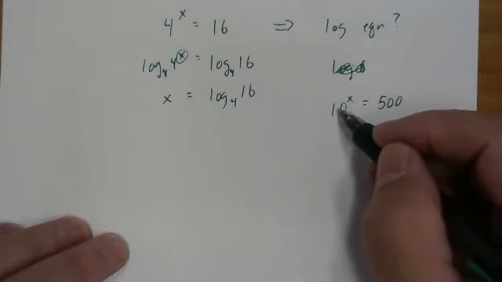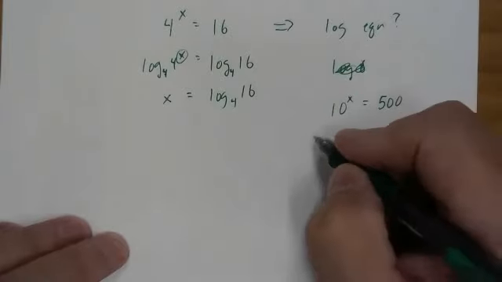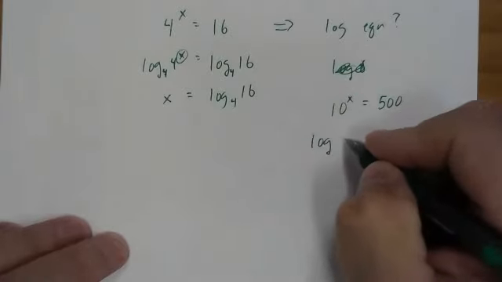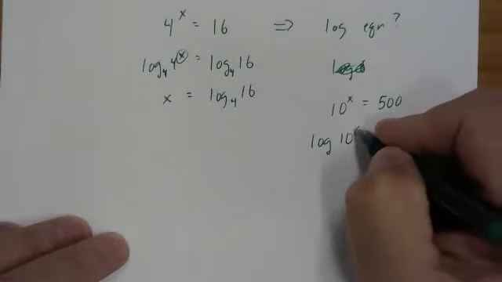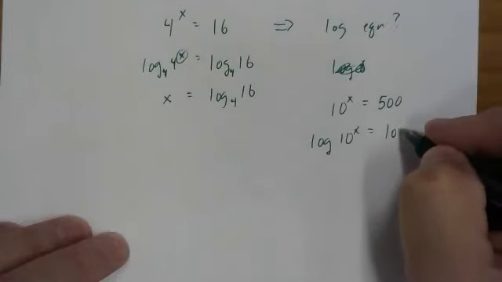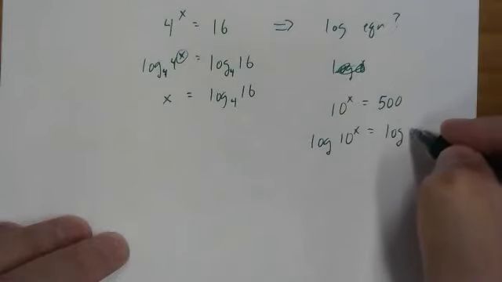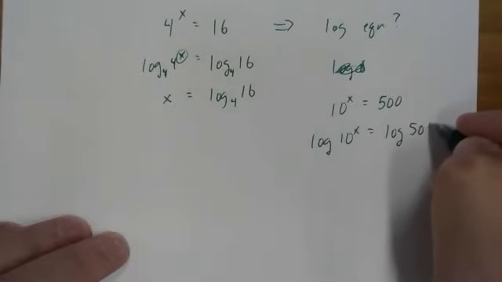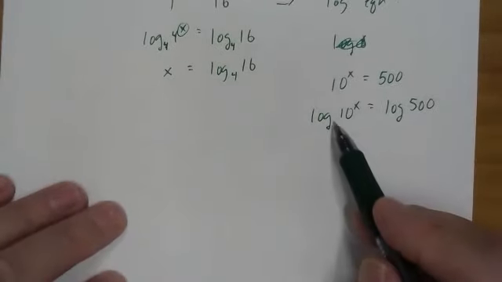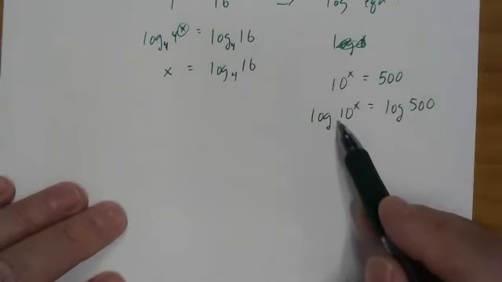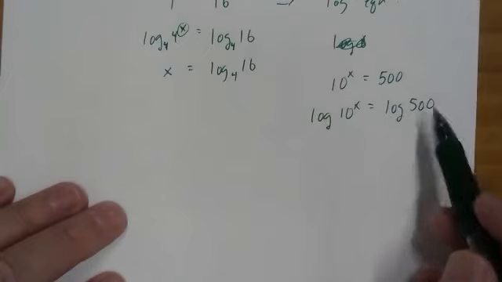Since it's a 10 here, I want to take the log of both sides, but I want my log to be log base 10. Now it's a little tricky here because there's nothing here. The base is really a 10, right? When the base is a 10, I don't write it here. So this is log base 10 of both sides.